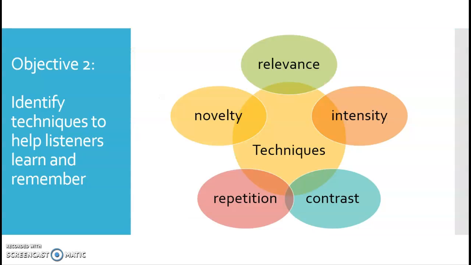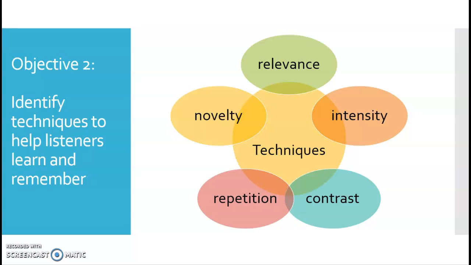Our second objective then, identify techniques to help listeners learn and remember. So we're going to go through really speaking techniques. There are a handful of them in front of you on the screen here, and let's just break this down. How do we use our words to help our listeners, number one, learn? Because that is the primary purpose of informative speaking.